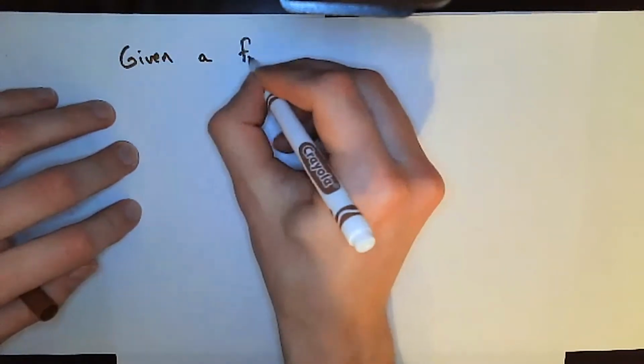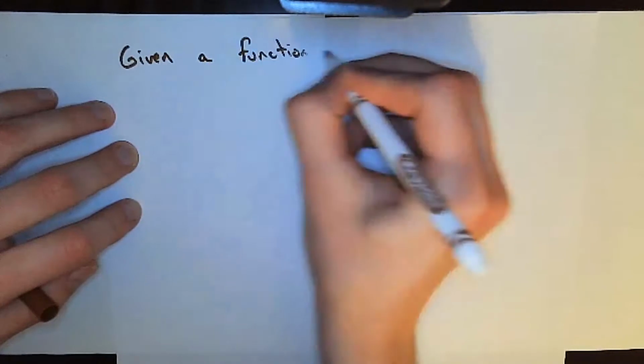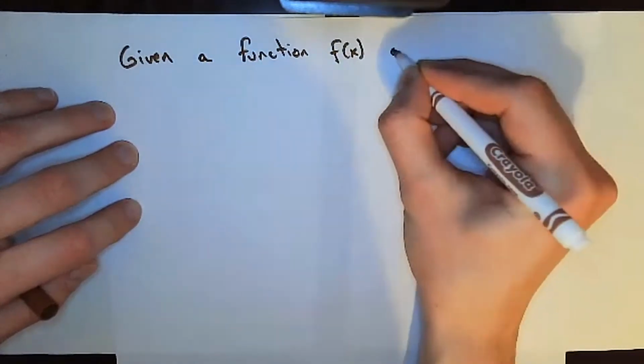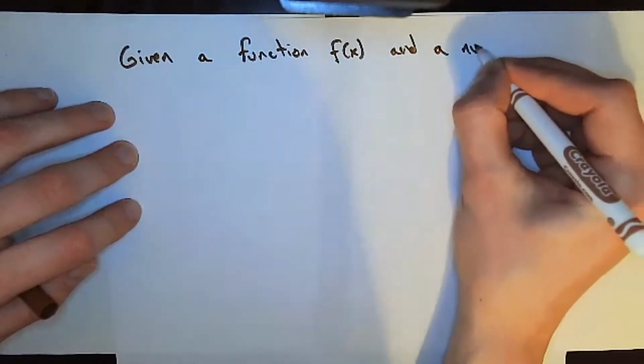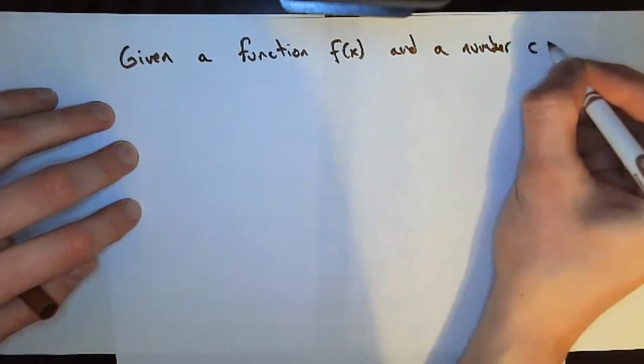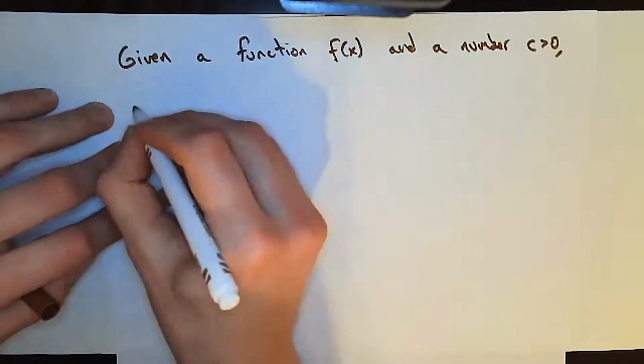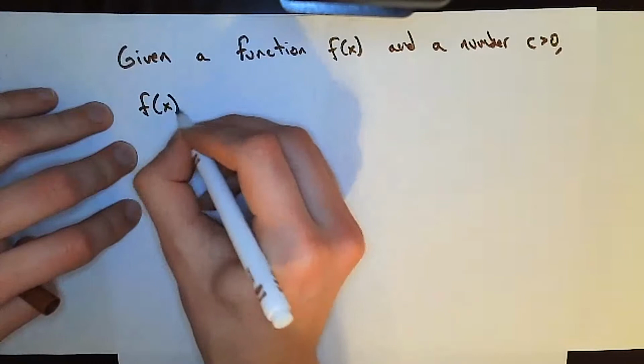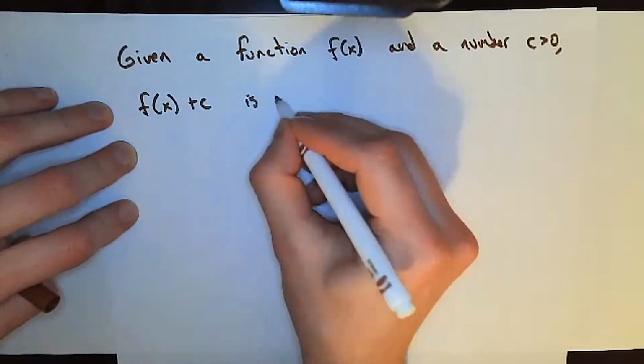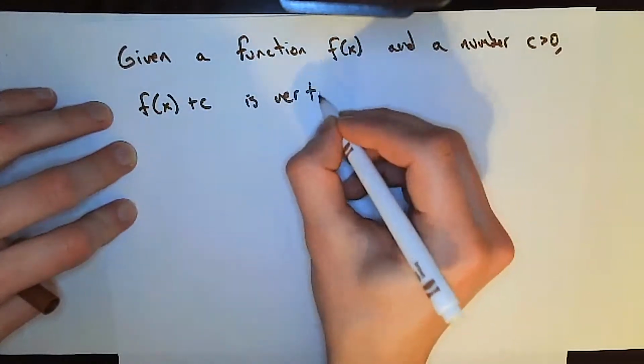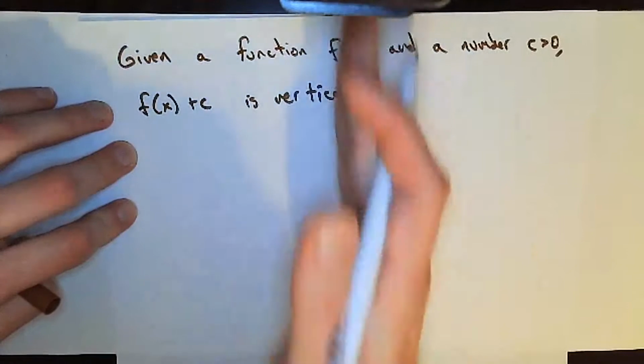Given a function f of x and a number c greater than 0, the graph of f of x plus c is vertically shifted up. Vertically meaning this way, right?